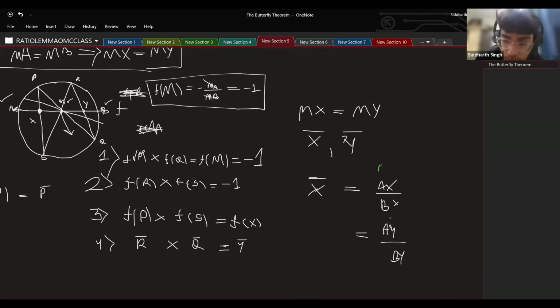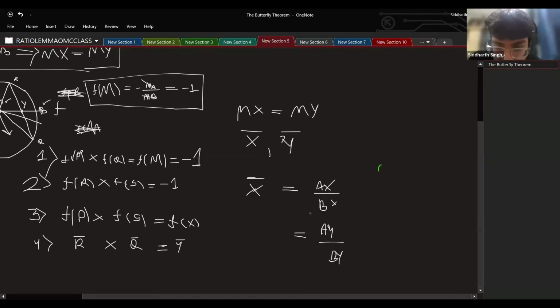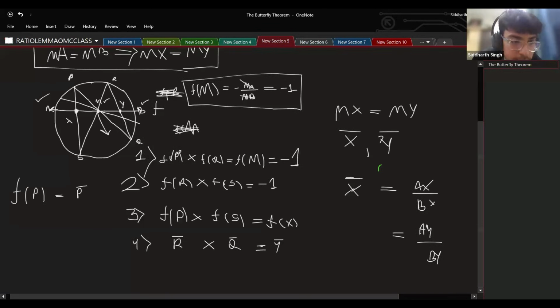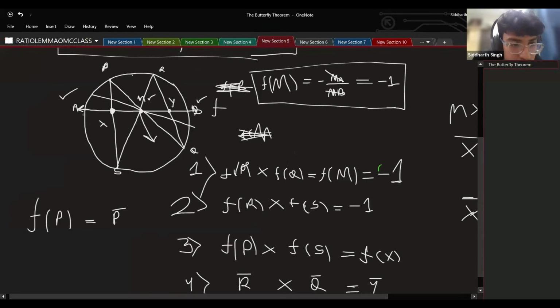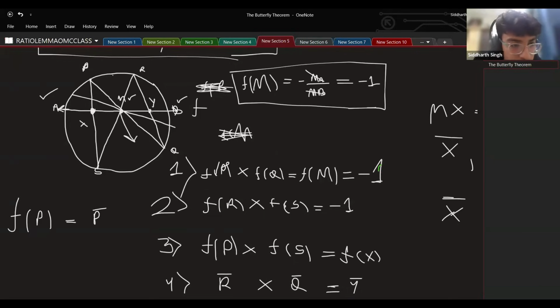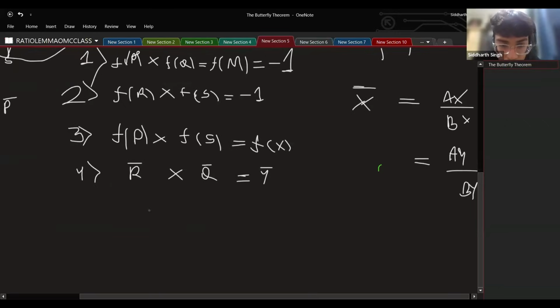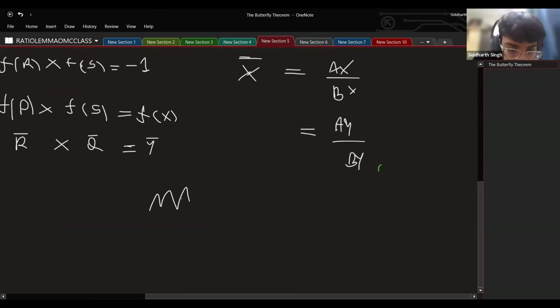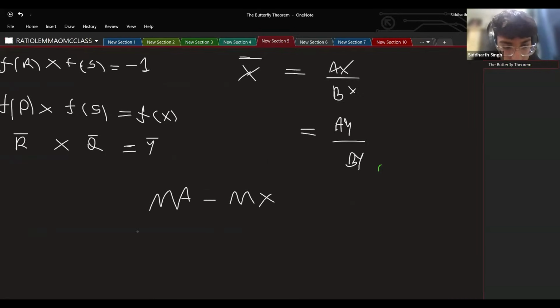Because now we claim that these two things are actually equal, which is just easy to see. Ax should be equal to by, but now ma is equal to mb and mx is equal to my. So we subtract ma minus mx, and this is actually equal to mb minus my.